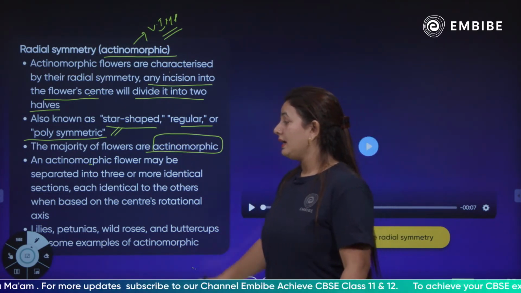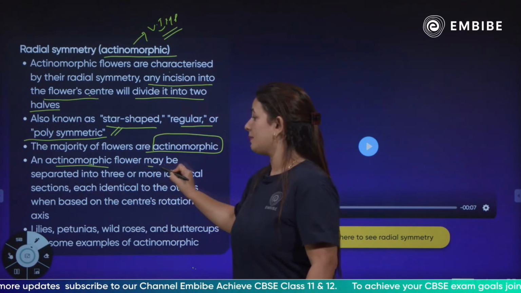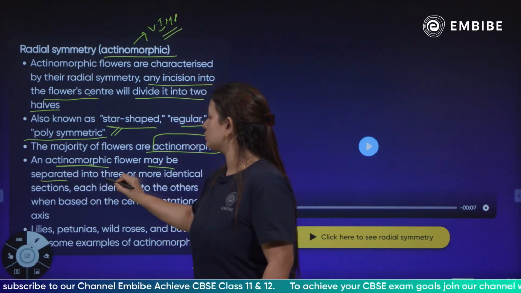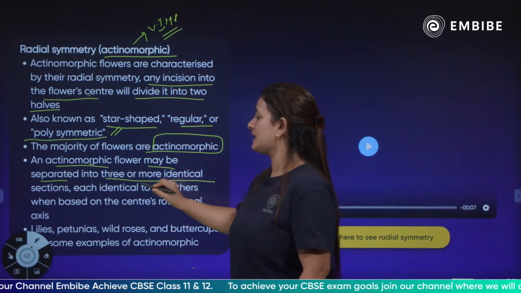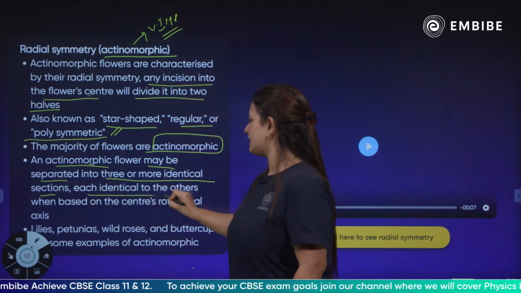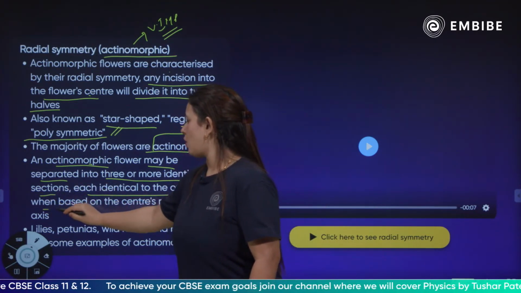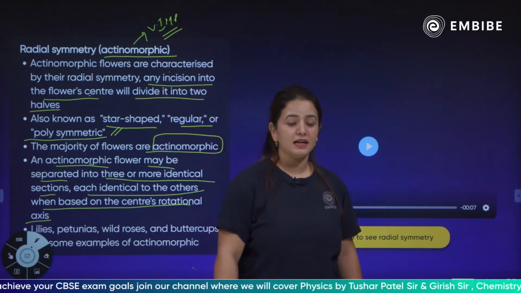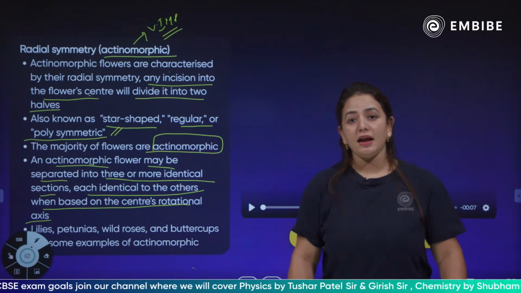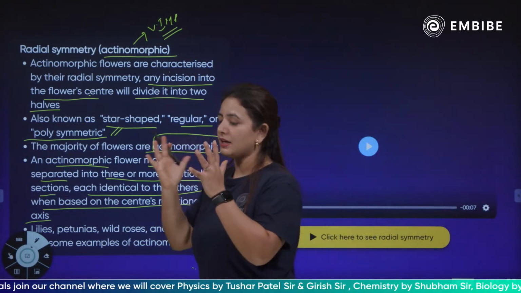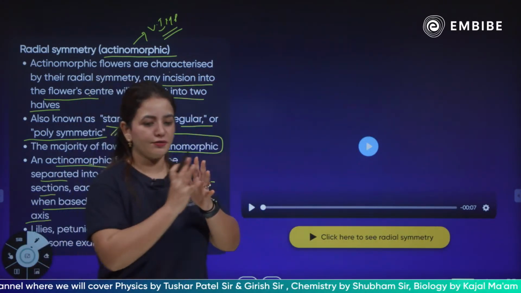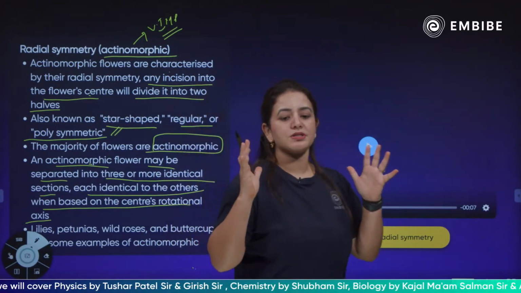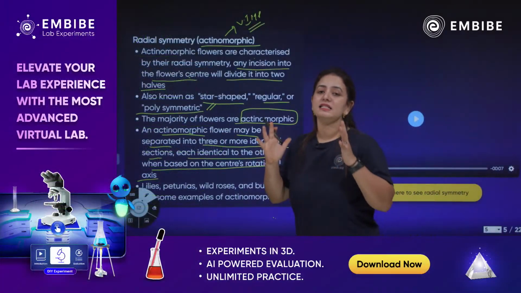Actinomorphic flowers may be separated into 3 or more identical sections based on the central rotational axis. It means if we cut an actinomorphic flower and separate the parts, they will be equal, identical sections.